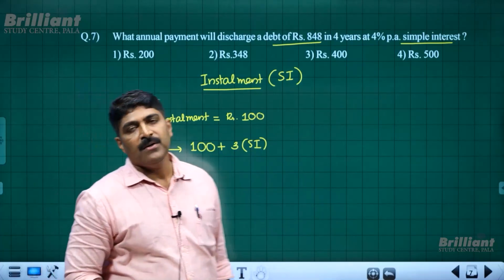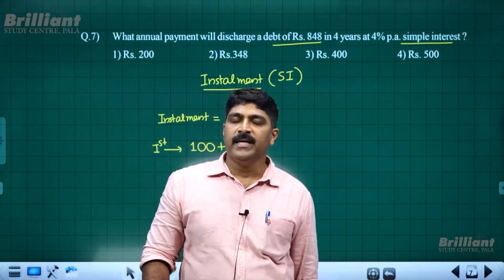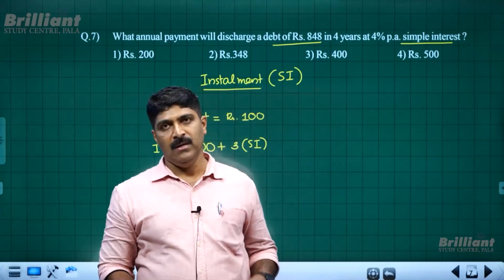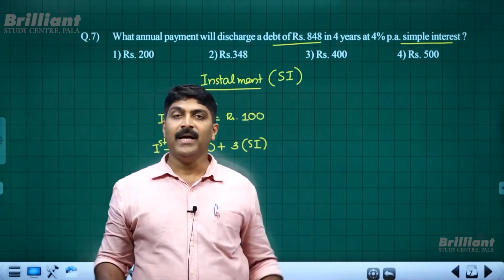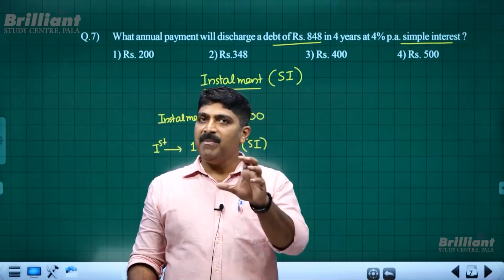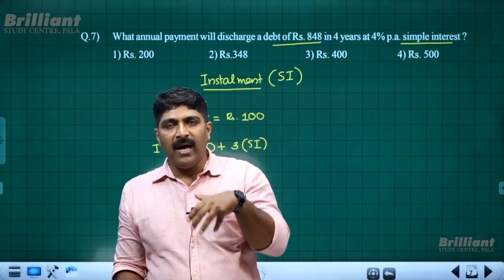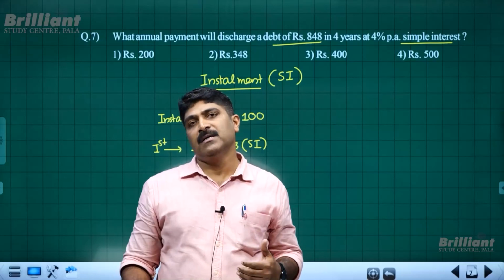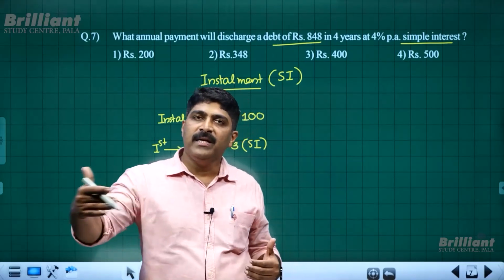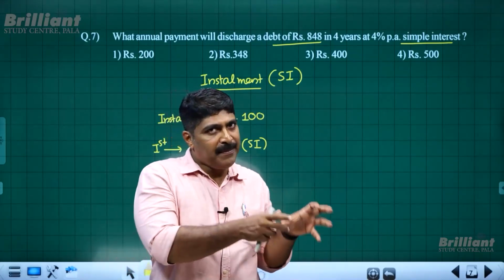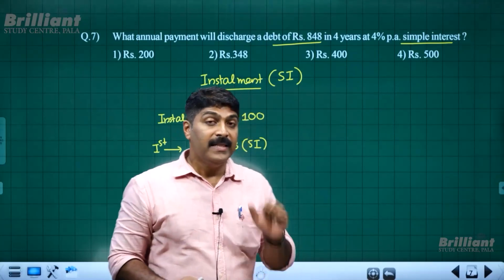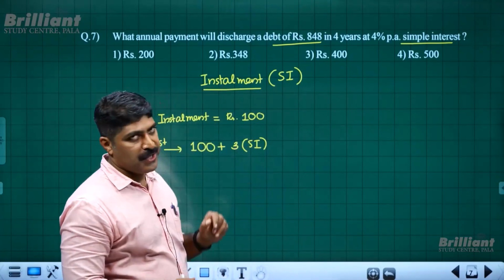Because we are normally drawing this amount and using it for the entire 4 years, but we are paying a part of that amount in the first year itself. So we are exempted from the remaining 3 years of interest, at least for that particular amount. That exemption we are representing here.